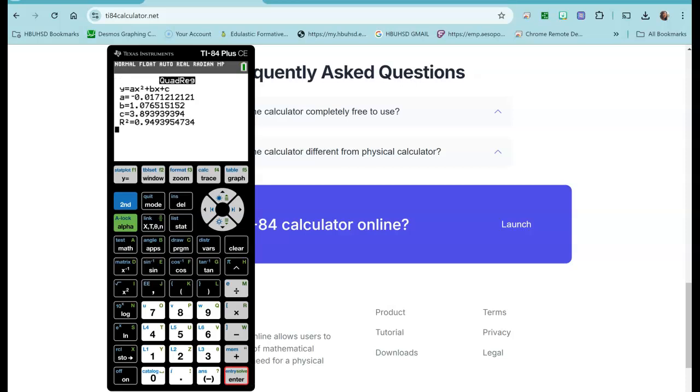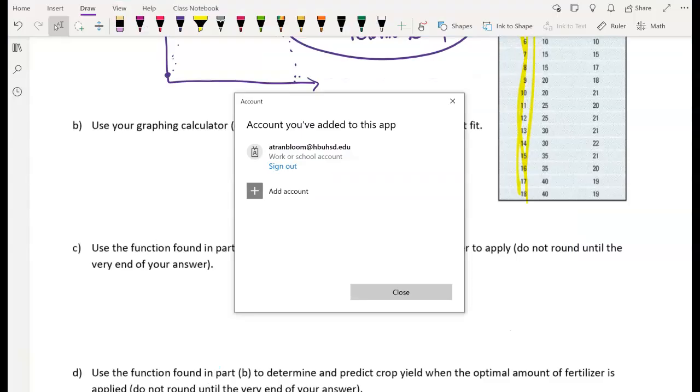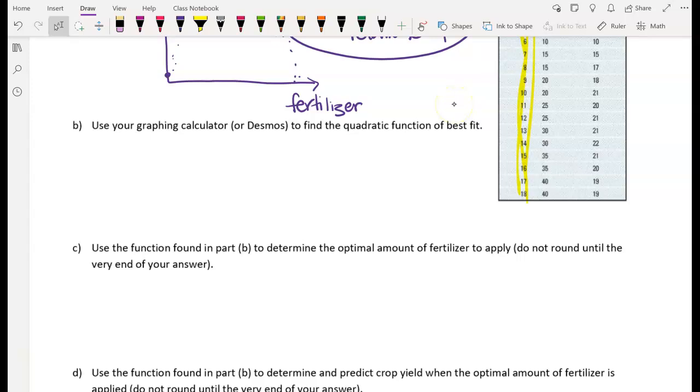As you can see, it's ax squared plus bx plus c. We have an a, which is negative 0.01712. I didn't type in what the rounding was, so the numbers are really small. So let's round to 4 decimal places. I'll be more precise if it's an exam or something.